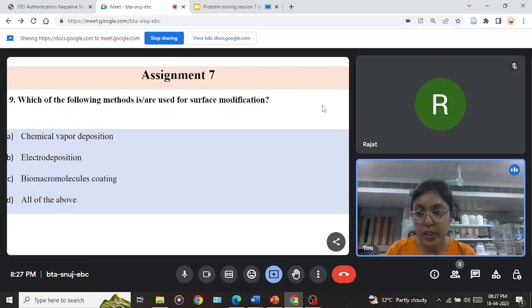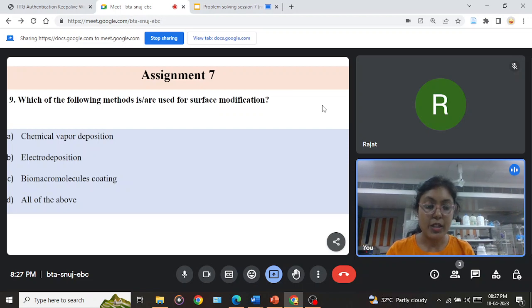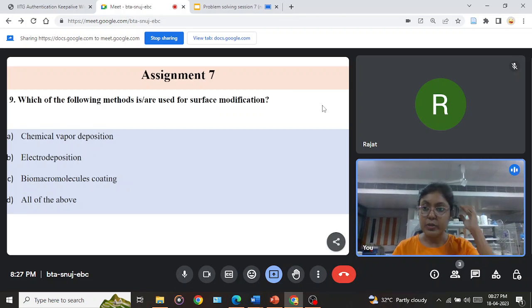You can wait for 1 minute, then we will move forward. It's been a continuous stretch of the session, so we can have a 2 minute break before we move forward and discuss the answer to this question. Right?